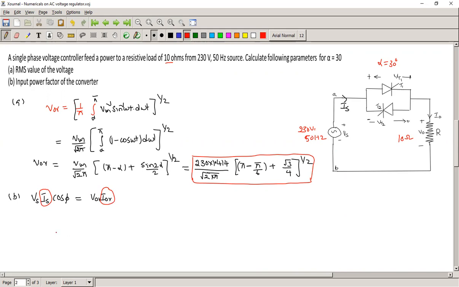So IS equals I naught, and these two get cancelled. So cos phi, the input power factor, equals V naught R by Vs. Already we know the expression for V naught R. This is the generalized expression.